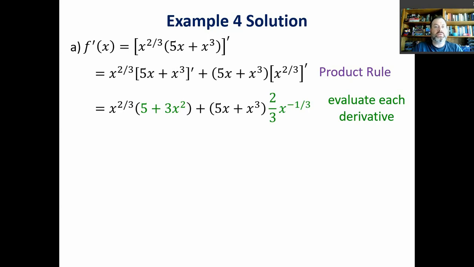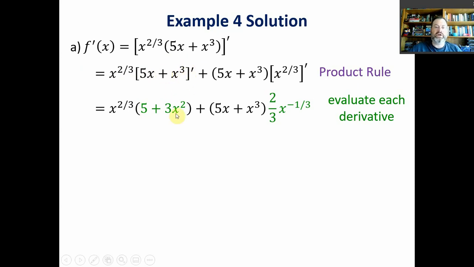Notice I did not show the work for the sum rule and constant multiple rule. We know that those exist. You are not required to show that work. Just look here and think to yourself, what's going on with this derivative? Well, this is a linear function, so the slope is just 5. This is just x cubed. What's the derivative of x cubed?